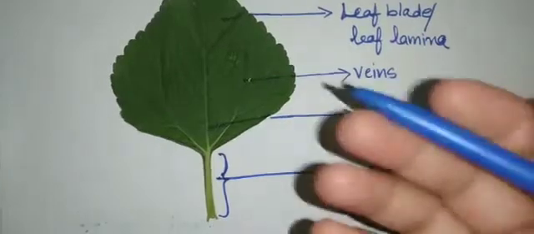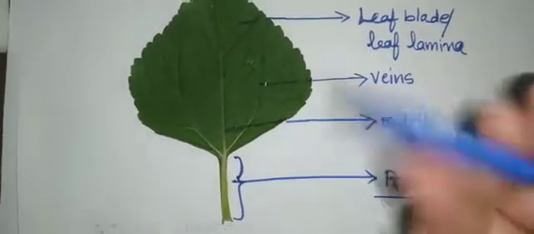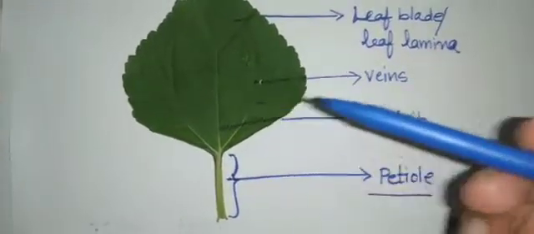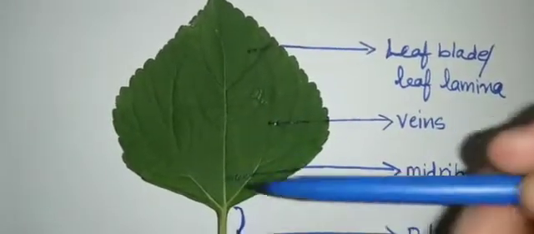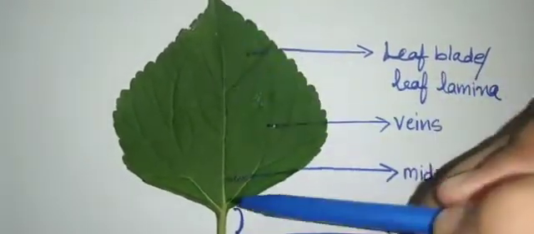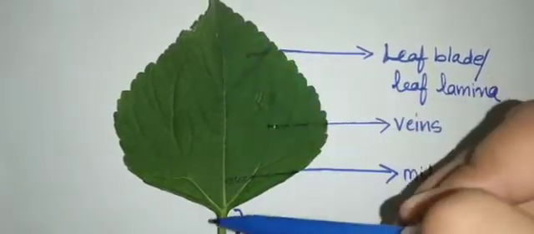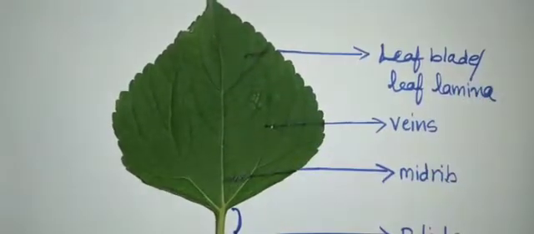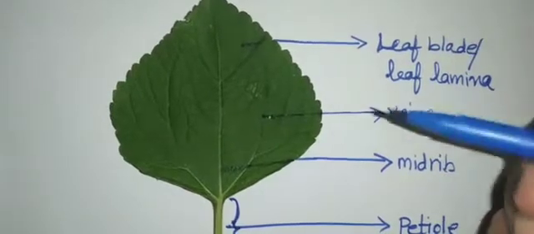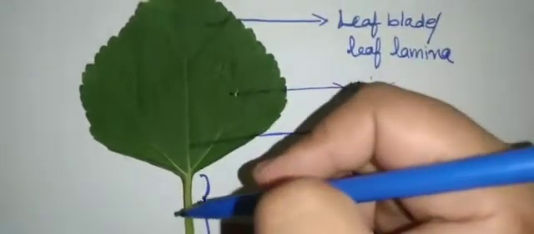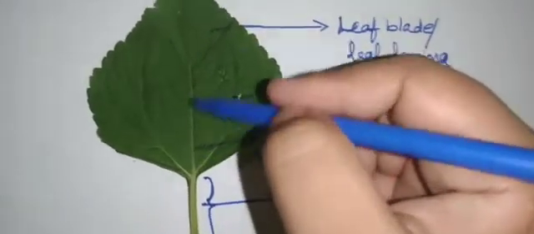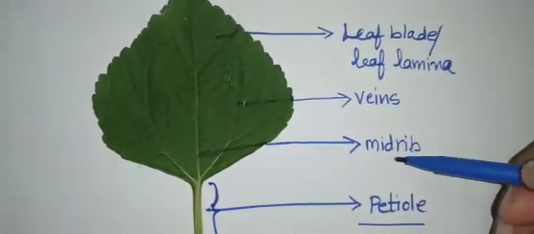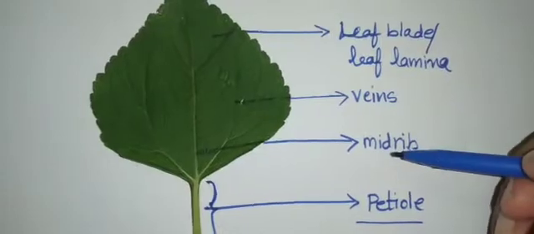Okay, let us see some of the different parts of the leaf. So students, when you look deep into these leaves, see the lines of the leaves. Can you see the main vein and the branches like this? So these are called veins. The vein which is arising directly from the stalk is called the midrib.